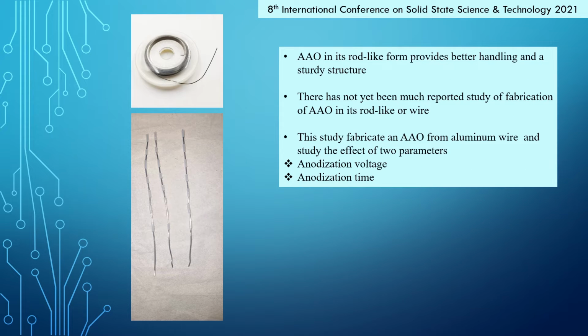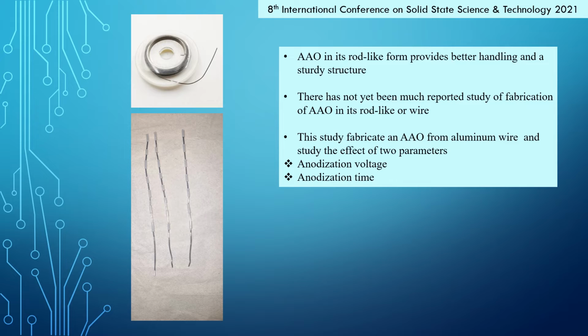Taking that fact into account, we feel that another form of AAO should be studied to offer an alternate choice in fabricating AAO. So, we started fabricating AAO in its wire form. AAO in a rod-like form provides better handling and a sturdy structure. The rod-like structure also provides the AAO with a three-dimensional active site for a larger active surface area.